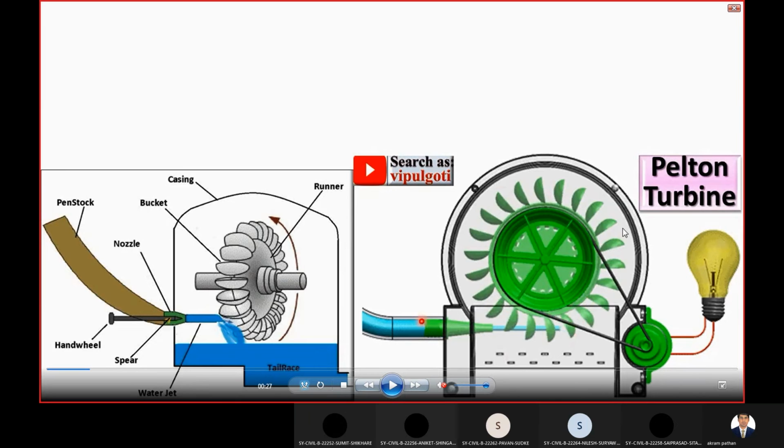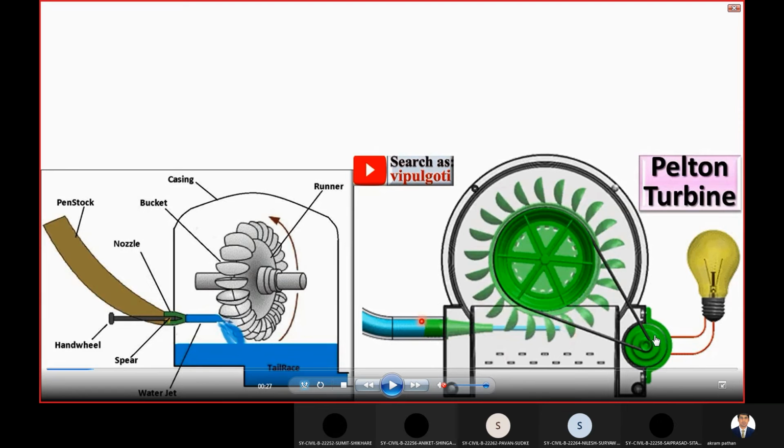The bucket will rotate with a certain RPM, that is revolutions per minute, and we have a generator. Due to the impact of the jet over the bucket, the runner will rotate, the turbine will rotate, and the runner is connected to another assembly, which we call a generator.